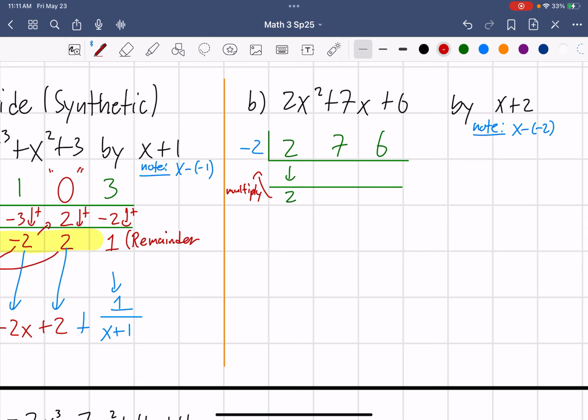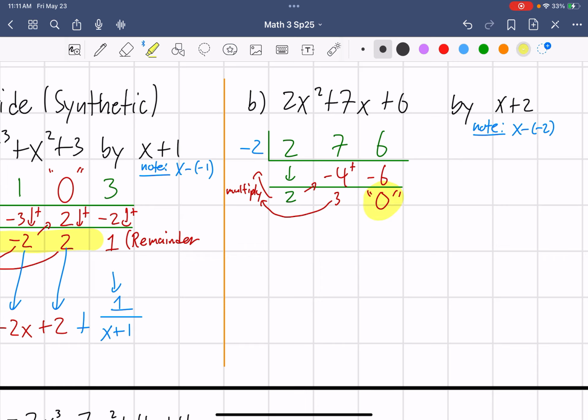You multiply here, and the product goes in the next column, which would be negative 4. You add vertically, and that gives you positive 3. Once again, you multiply back to the divisor. That gives us negative 6, and that is our bingo. That's what I'm looking for. I'm looking for a 0.